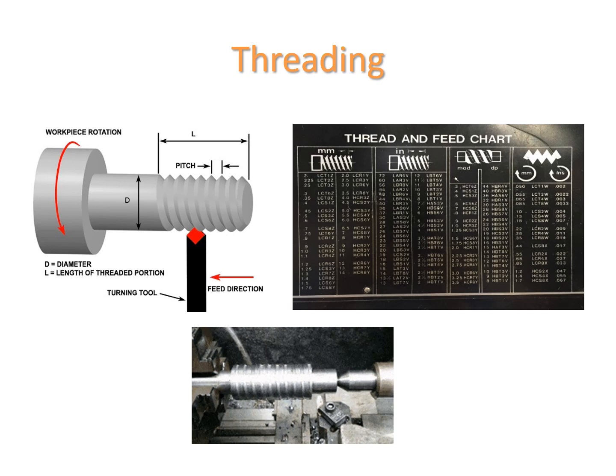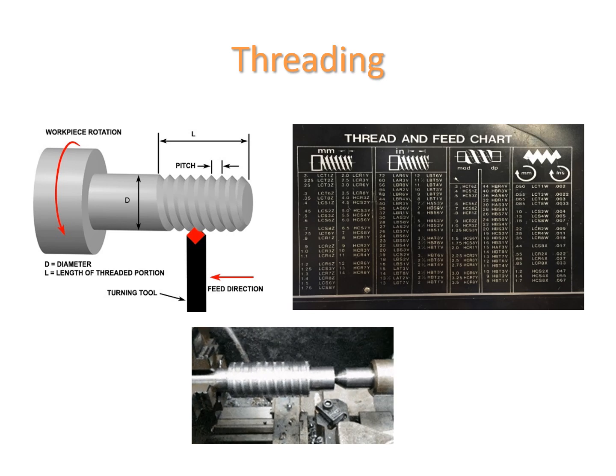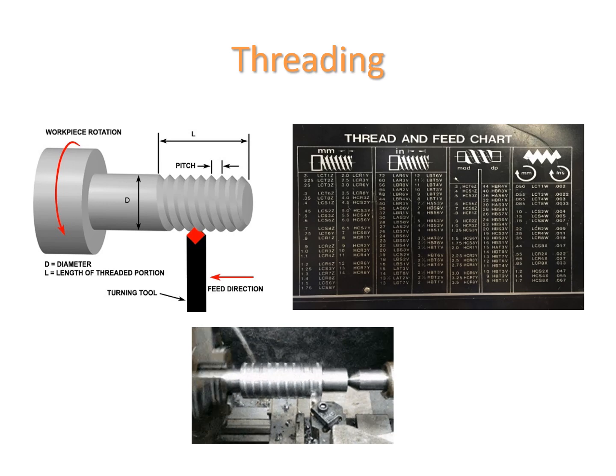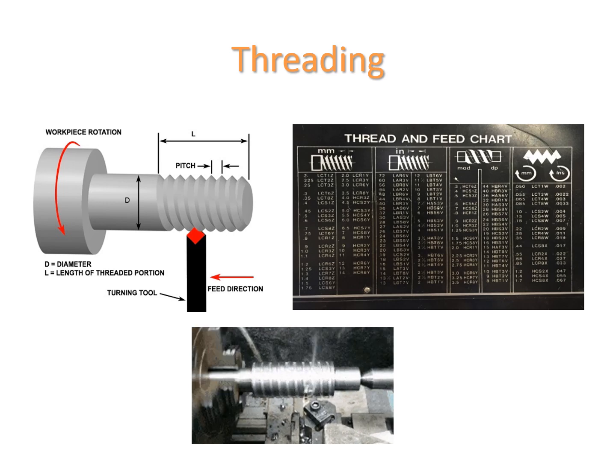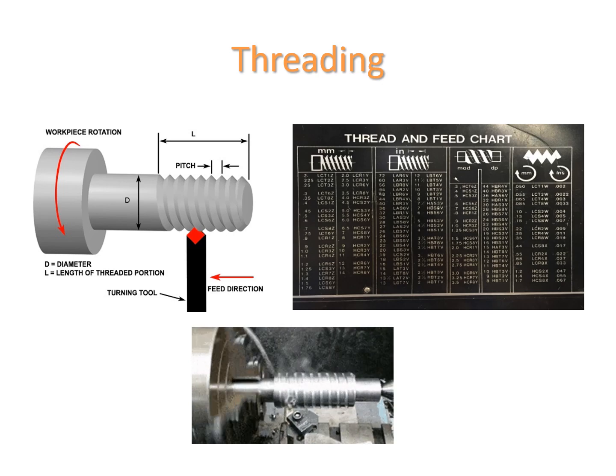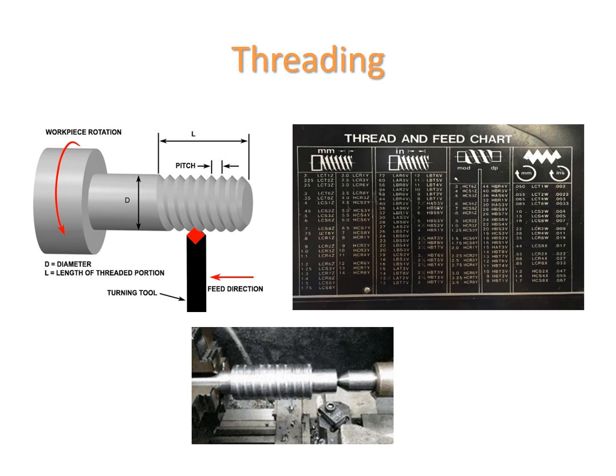Threading is used to make threads on the cylindrical workpiece. For this purpose, automatic feed screw is used to slide the tool against the workpiece. For threading, the pitch is calculated first.